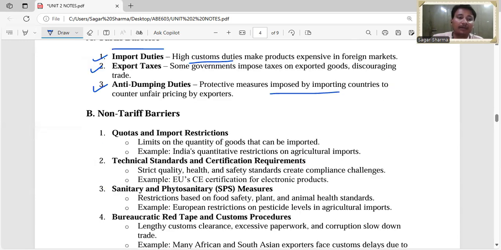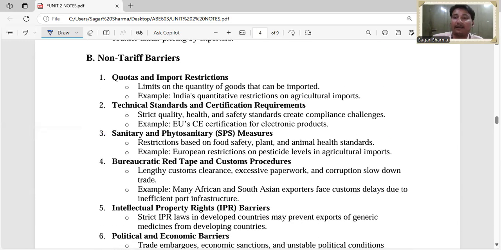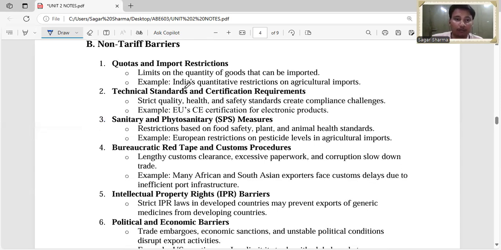What are the non-tariff barriers? These are quotas and import restrictions. What is a quota? Quota is the limit on the quantity of goods that can be imported. Example: India's quantitative restrictions on agriculture imports.